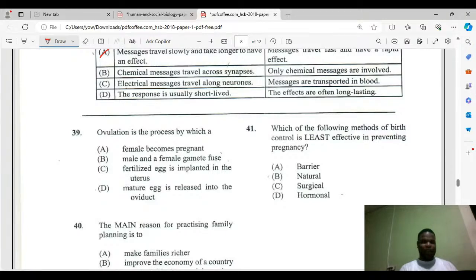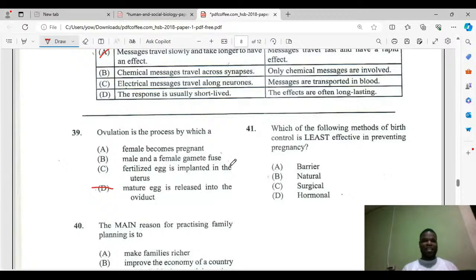So ovulation will be D. Ovulation is not about a fertilized egg being implanted. Ovulation is when the egg is released into the oviduct, which is the fallopian tube. So that will be D.